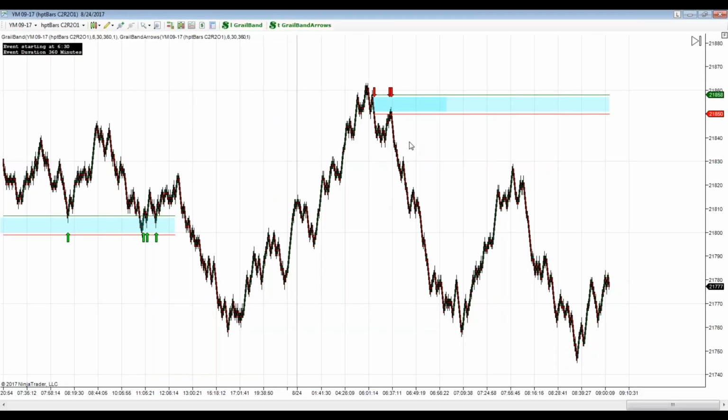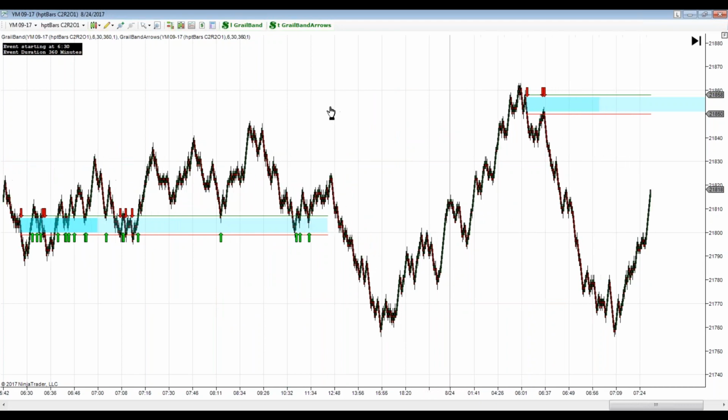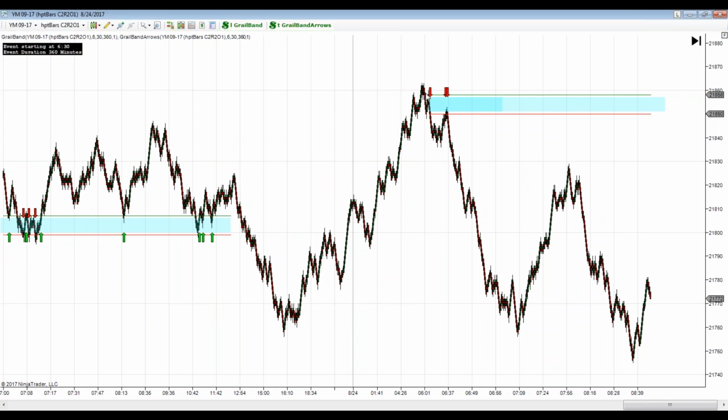All right, now what that does, notice, it places an arrow every time you break the band, whether it's to the downside or whether it's to the upside.